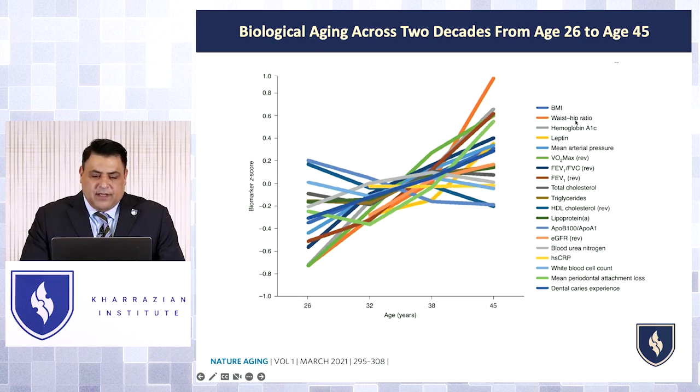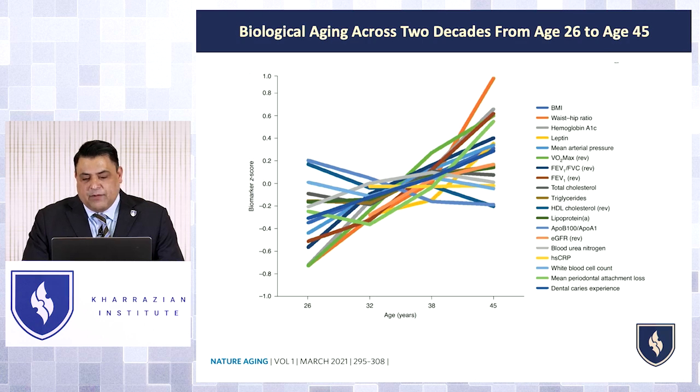They're looking at BMI, waist-to-hip ratios, hemoglobin A1C, leptin, mean arterial pressure, VO2 max, FEV1, forced expiratory volume in 1 second, total cholesterol, triglycerides, HDL, lipoprotein(a), ApoB, glomerular filtration rate, blood urea nitrogen, high-sensitivity C-reactive protein, white blood cell count, mean periodontal attachment loss, dental care experiences.